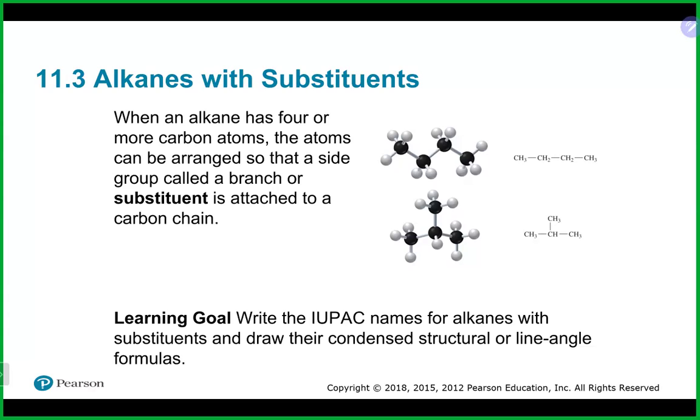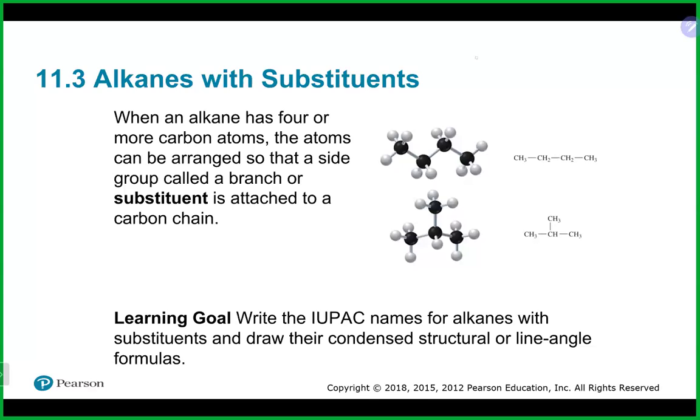Our substituent is attached to the carbon chain. So as I mentioned before, what makes organic compounds different along the way is we replace some of the hydrogens with other elements perhaps. And different arrangements will also give you different organic compounds.